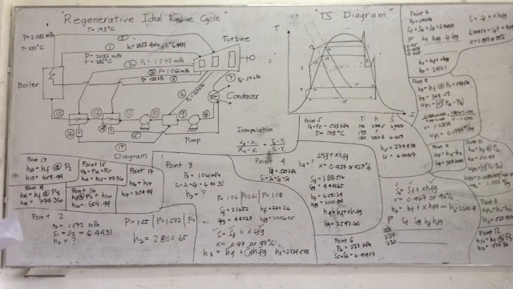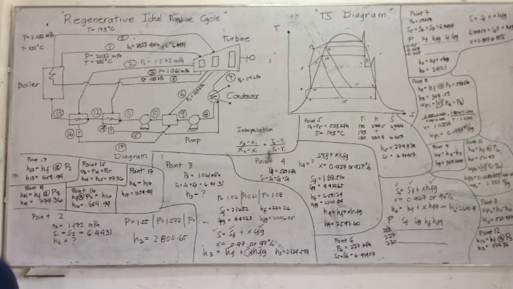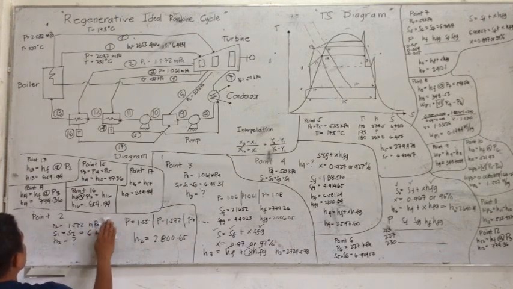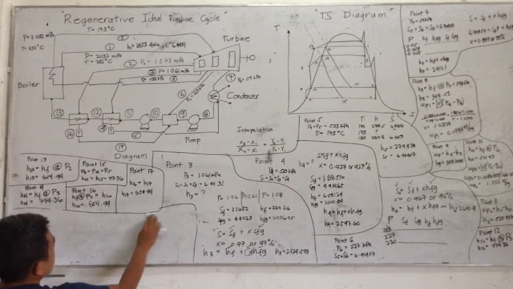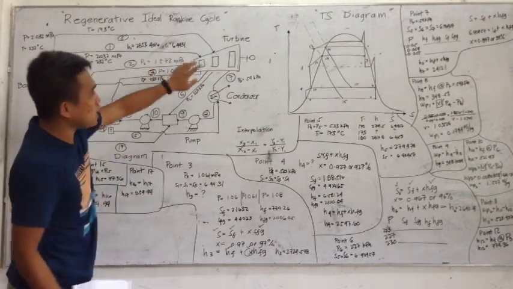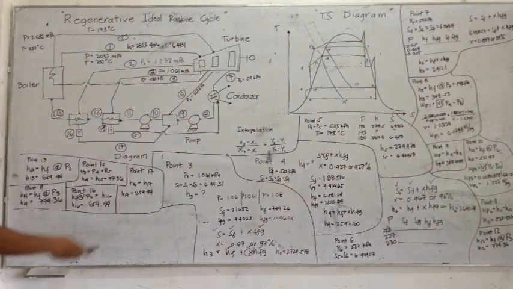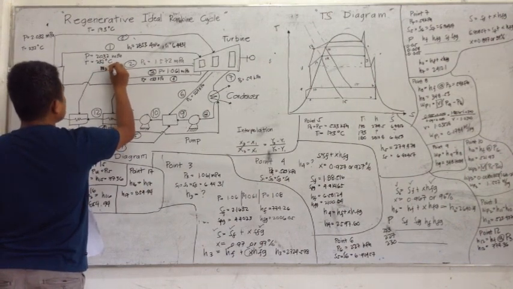So here, what is missing in our total regenerative ideal Rankine cycle? We try to locate the mass fractions. From our previous discussion, what came from the turbine is extracted mass, so it has an M2, which is missing here.